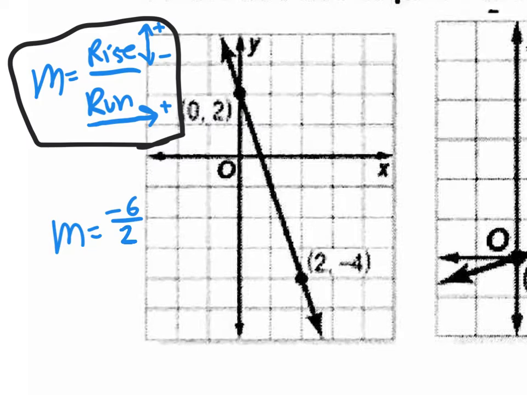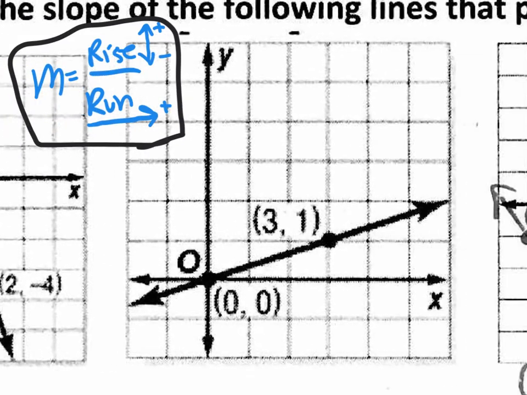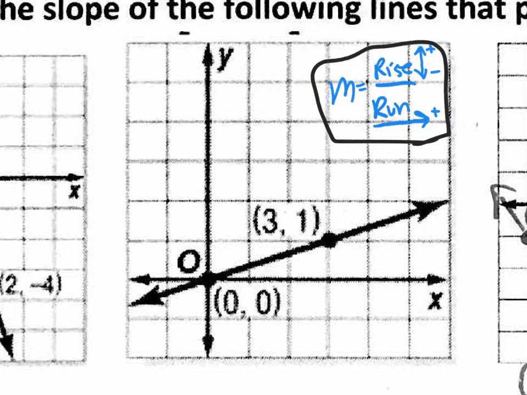Now we all know that -6 over 2 is really -3 or -3 over 1. But anyways, this is your slope. That's all you have to do on 3 of these questions out of the 20. Easy points right here.